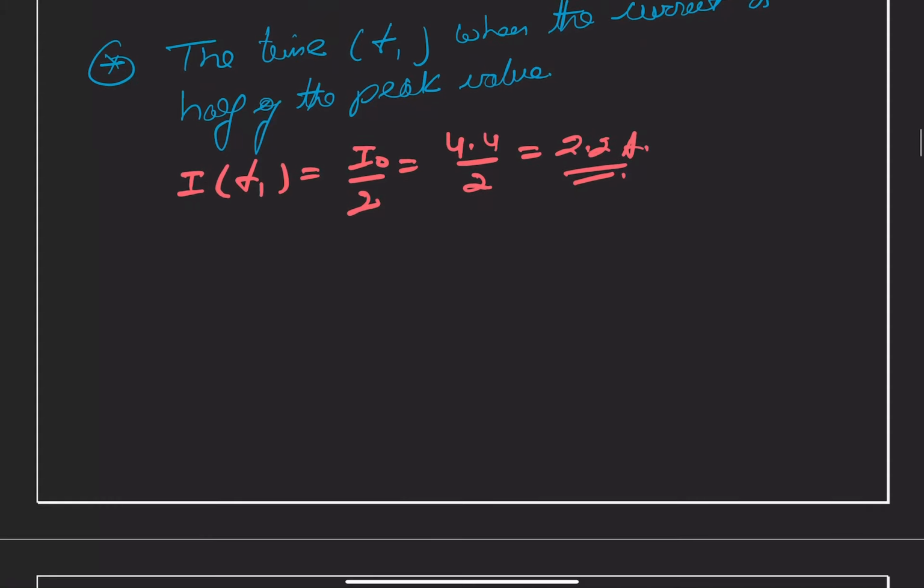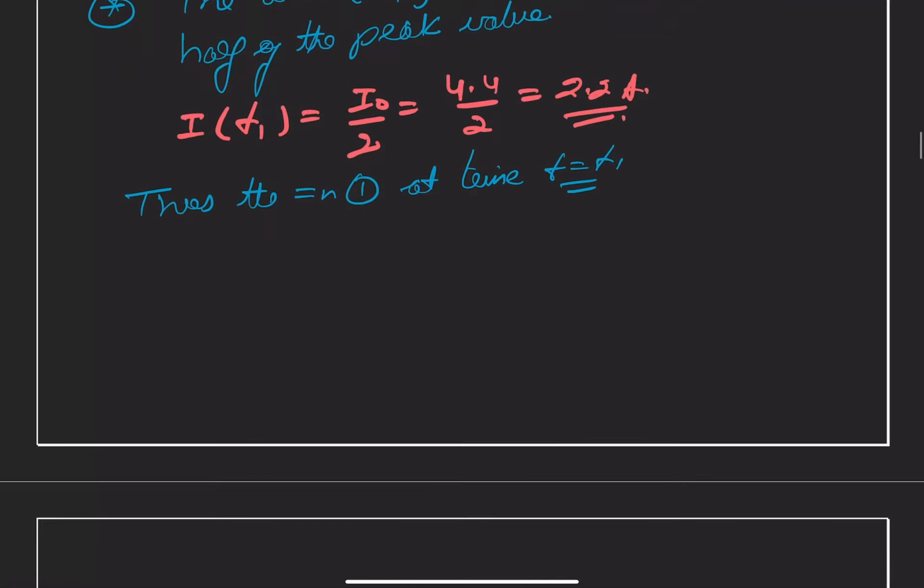In equation 1, at time t equal to t1, the current is half, so we get 2.2 equals 4.4 sine of 100 pi t1. Now it is a simple calculation.